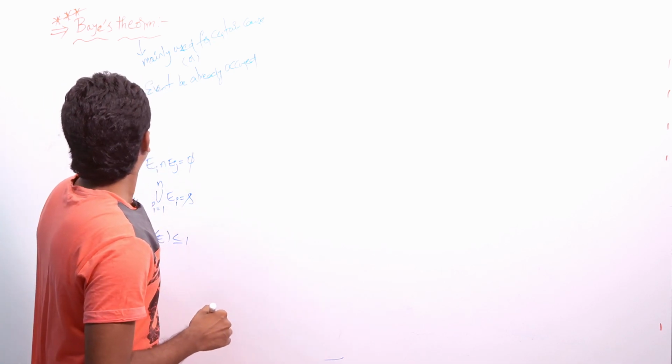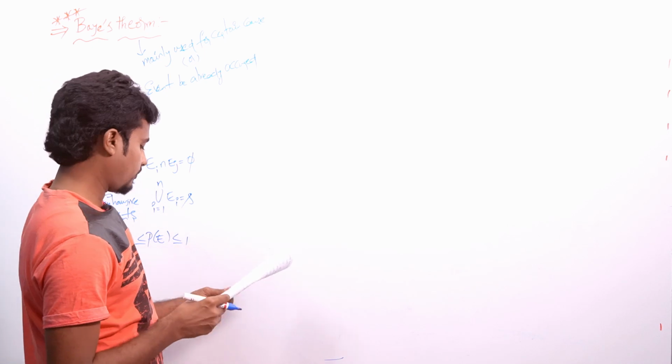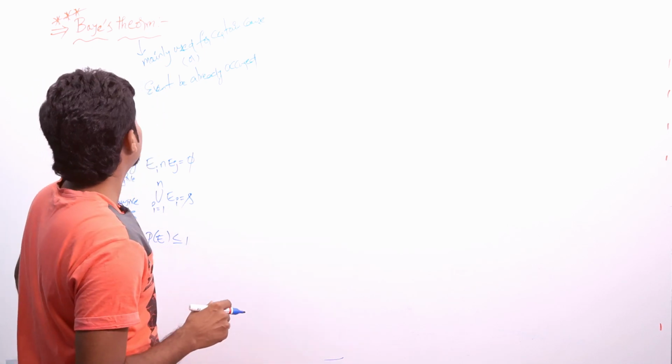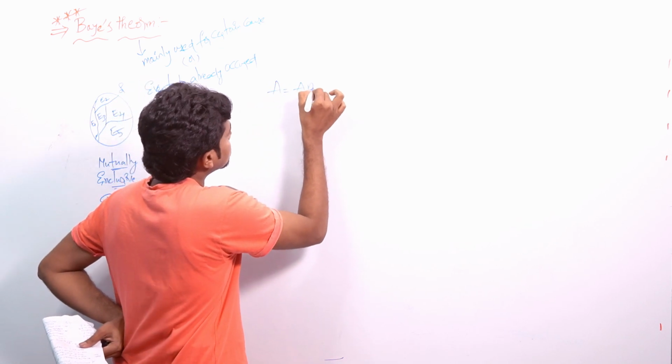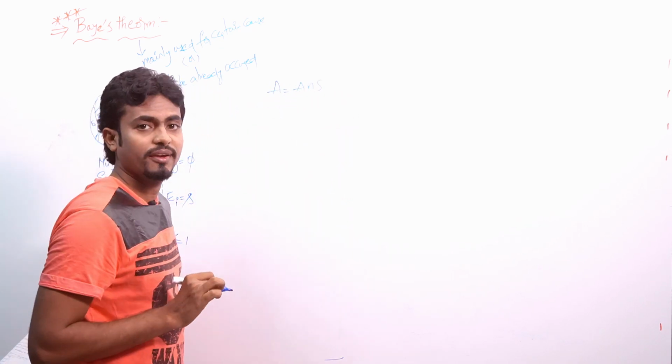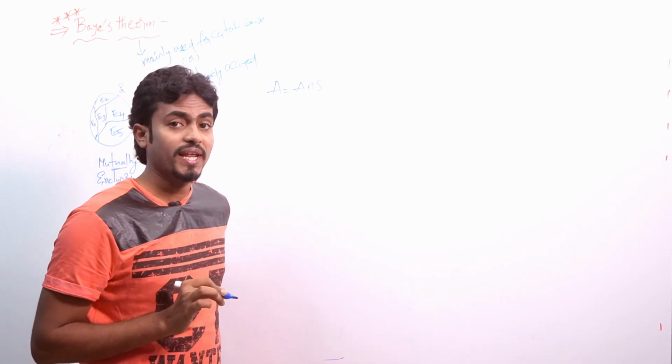Next, if I take A, A is equal to A intersection S. If I apply the probability for this, what will happen?